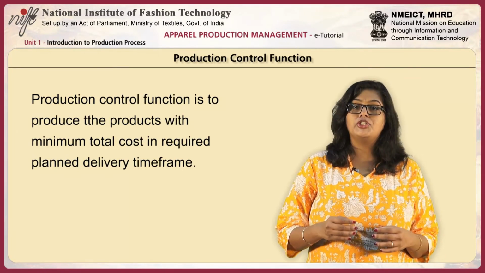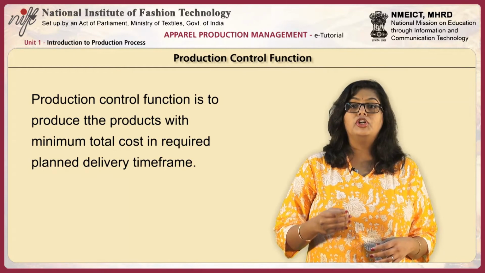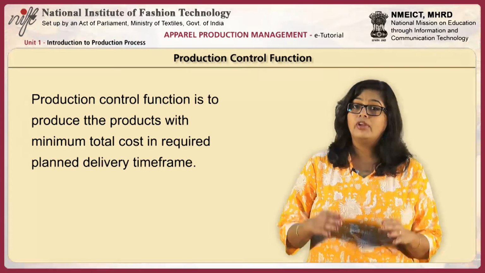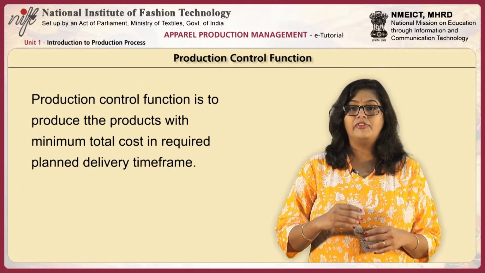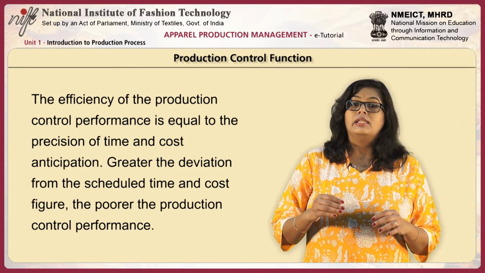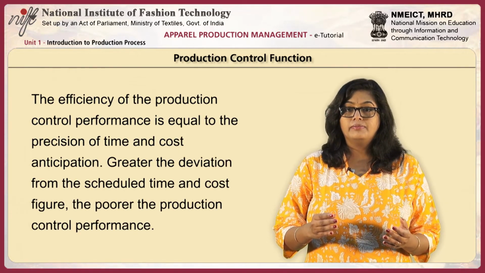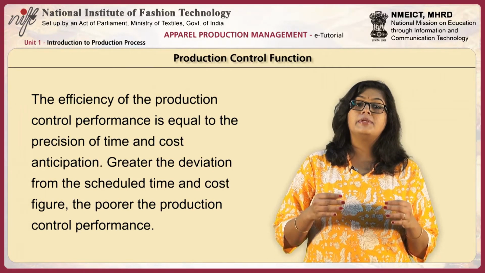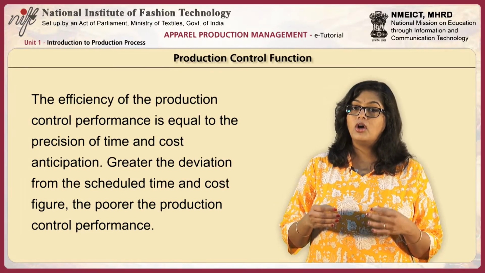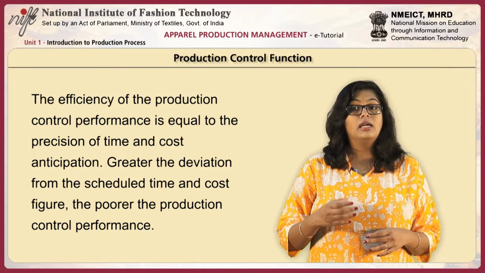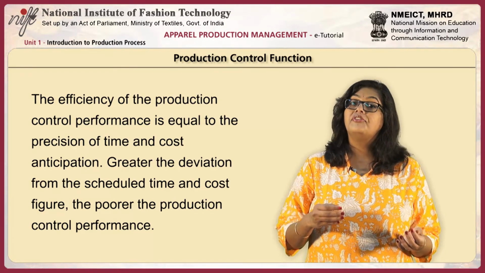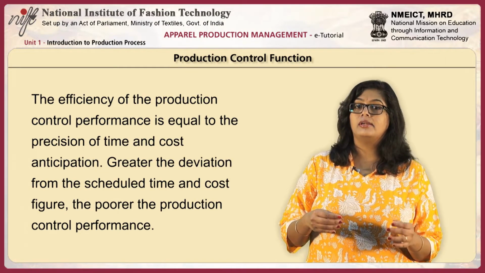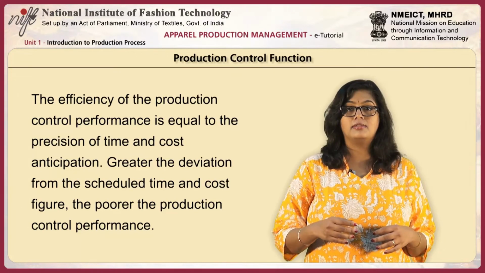Production control function is to produce products with minimum total cost in required planned delivery time frame. The efficiency of the production control performance is equal to the precision of time and cost anticipation. Greater the deviation from the scheduled time and cost figure, the poorer the production control performance.